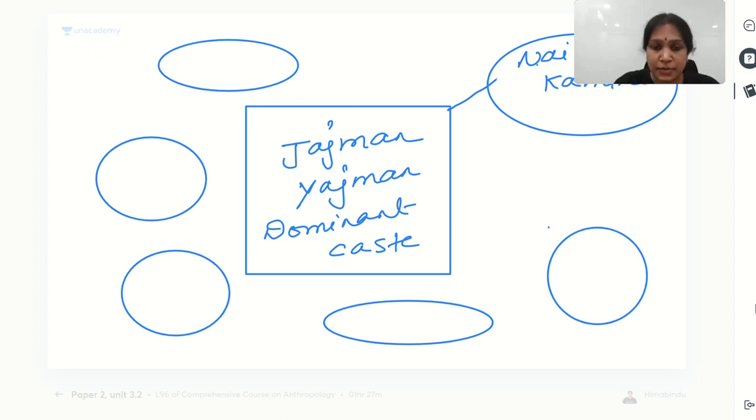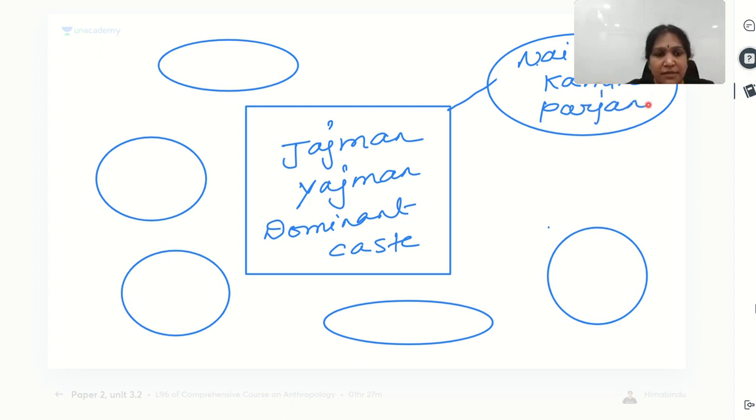Opposite to Yajman, how to say, this is the lord and that is the slave. So this is Yajman, and Kameen is working under him. For this word Kameen, there is another word also, that is Parjan. This is also a synonym.